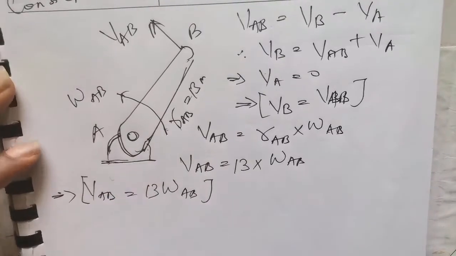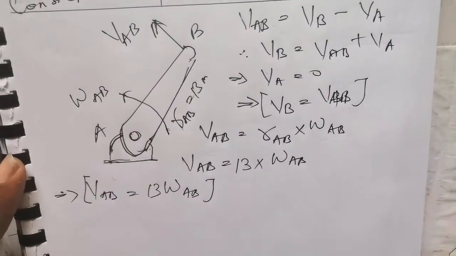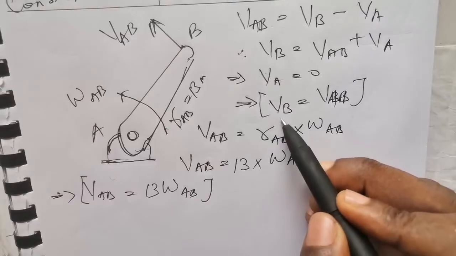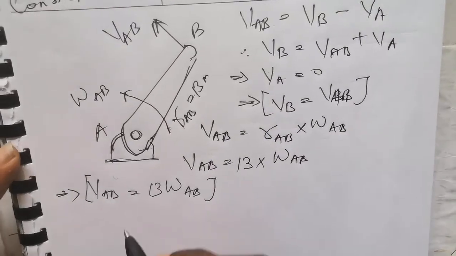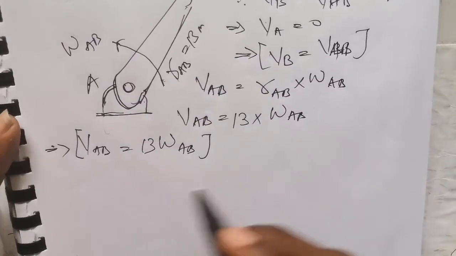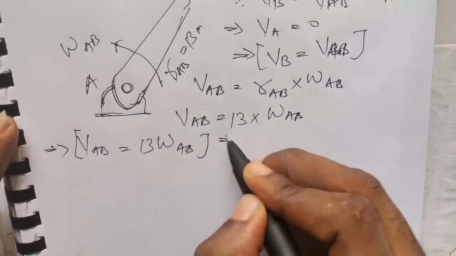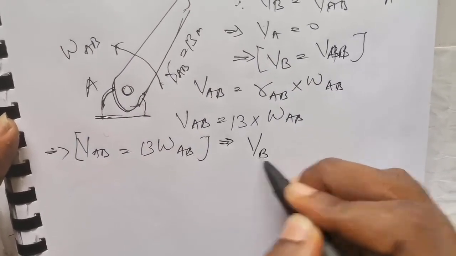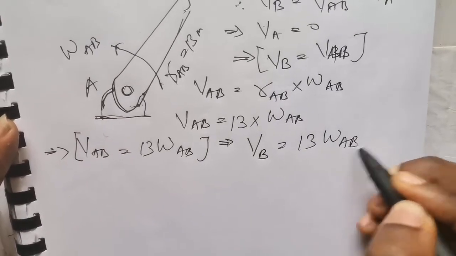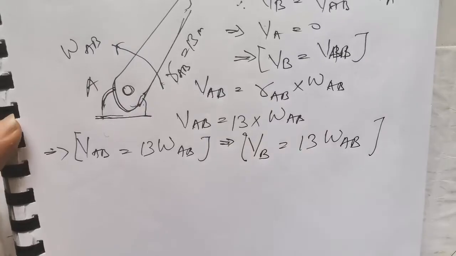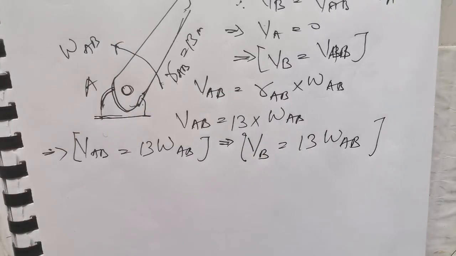Keeping this aside, not forgetting earlier we said that the velocity at point B is equal to the relative velocity between A to B. This simply implies that velocity at B is equal to 13 omega AB. You keep this velocity aside. So that is the whole analysis of A to B.